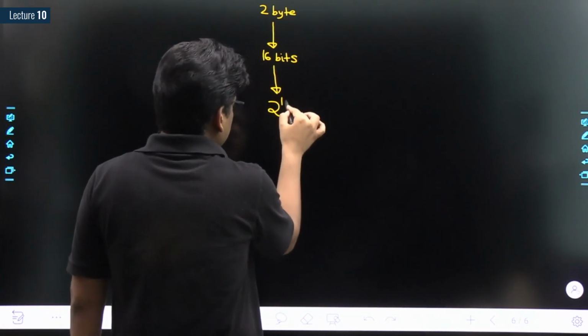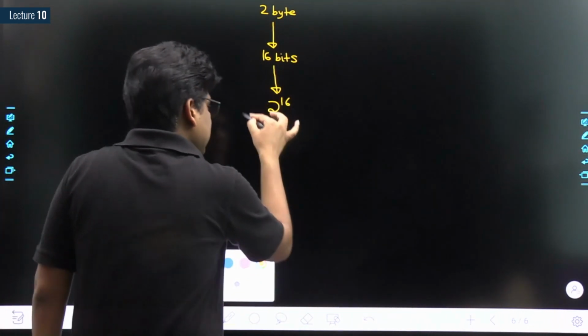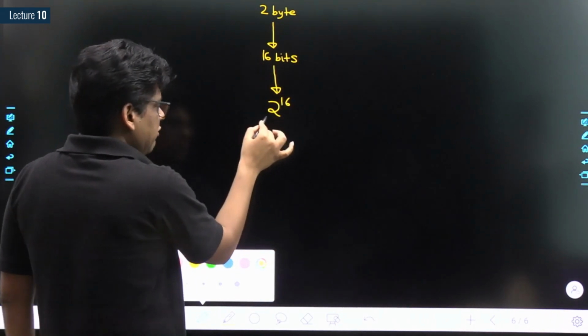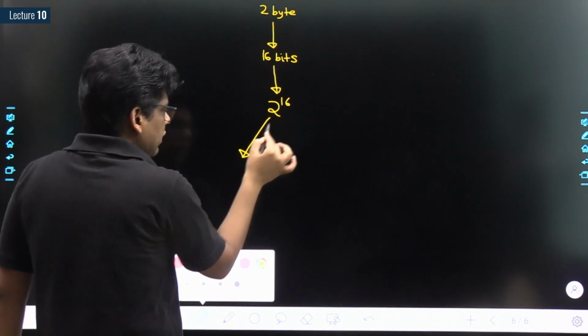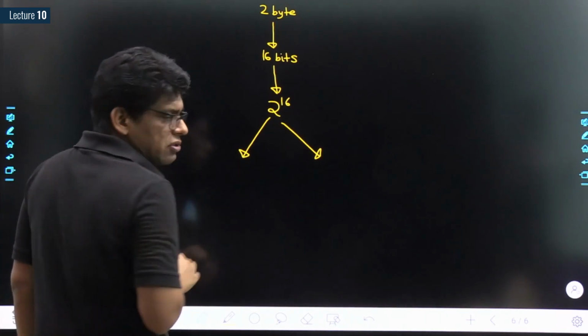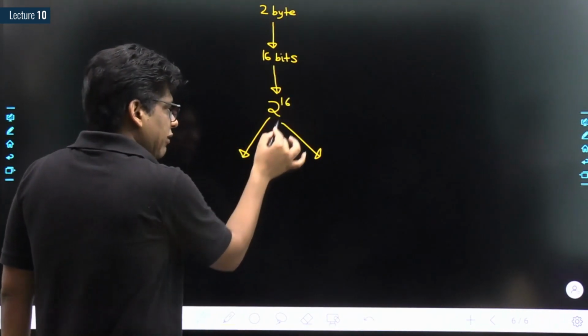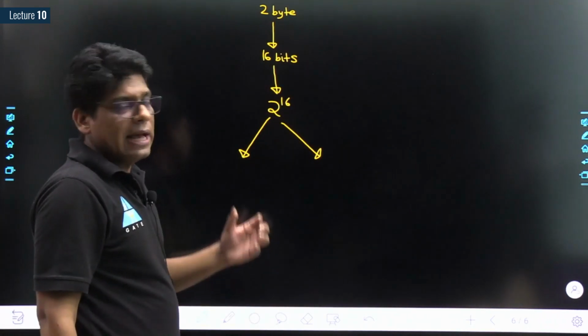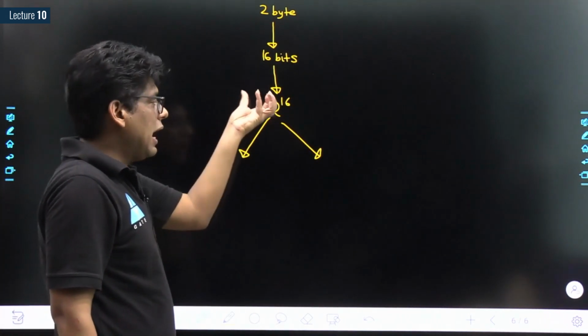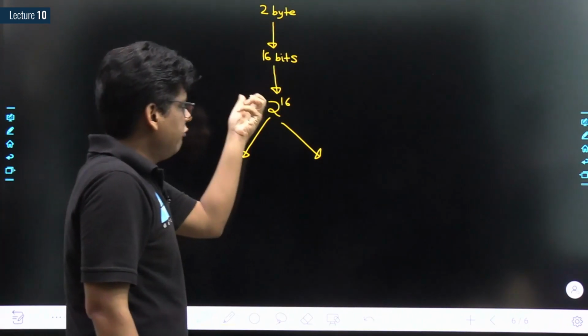From these 2 to the power 16 values, I need to divide equally among negative and positive values. I am dividing by 2 because I need to distribute half the values for negative and half for positive.